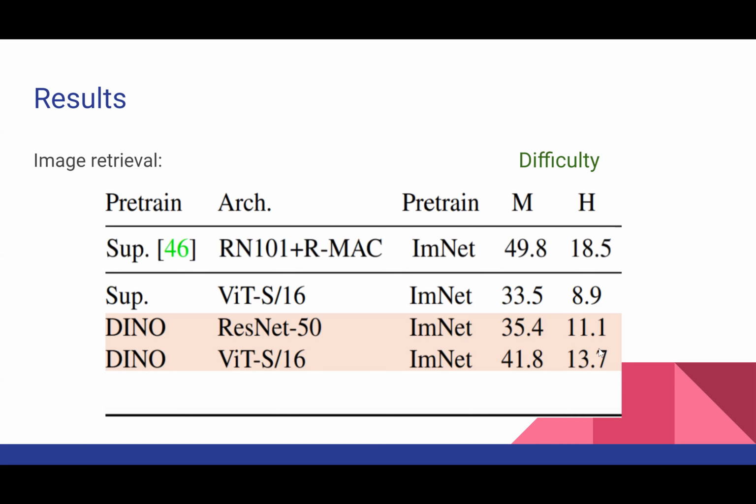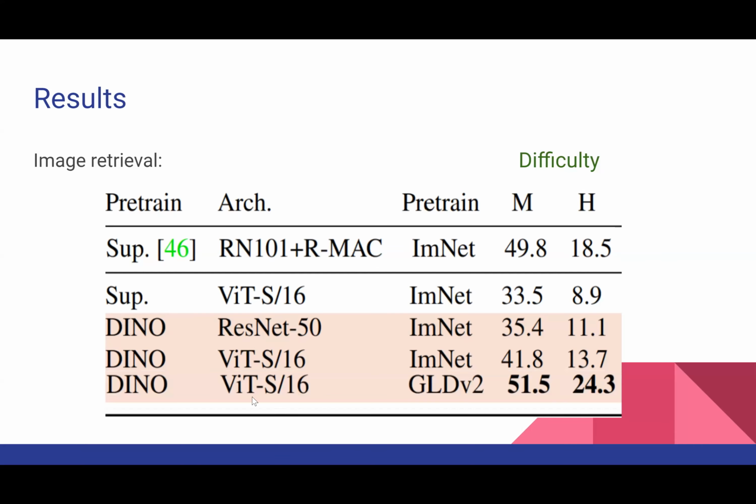Next up, we have a published method for image retrieval using a supervised approach. And this is getting much better results than Dyno is getting. However, they also provided a Dyno pre-trained with a much larger data set, and that gave a higher score than the published method with the smaller data sets.